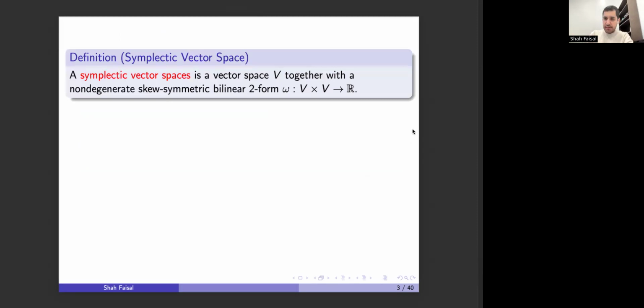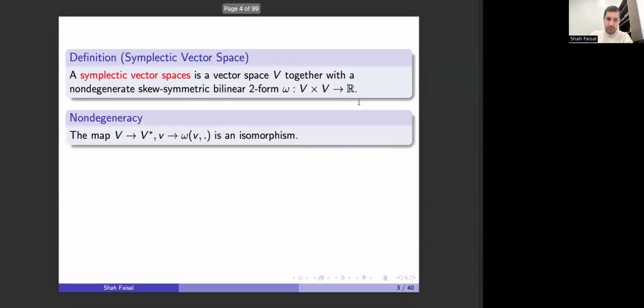So let's start with the definition of symplectic vector space. A symplectic vector space is a vector space with a bilinear two form omega, which is non-degenerate and skew symmetric. The non-degeneracy here means the following.